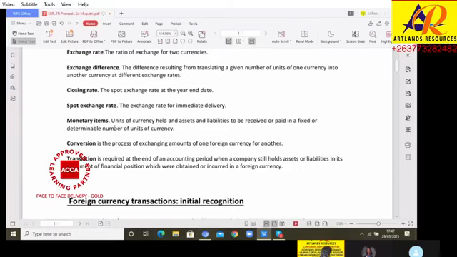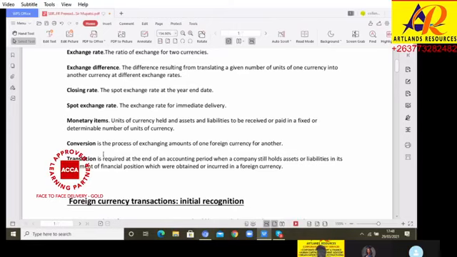And then there is translation. In translation, there is no exchange of currencies. What you are simply doing is restating financial statements from one currency to another. Suppose financial statements are in Pula, and you are preparing financial statements in Zim dollars. You have to translate the Pula financial statements to Zim dollar financial statements.